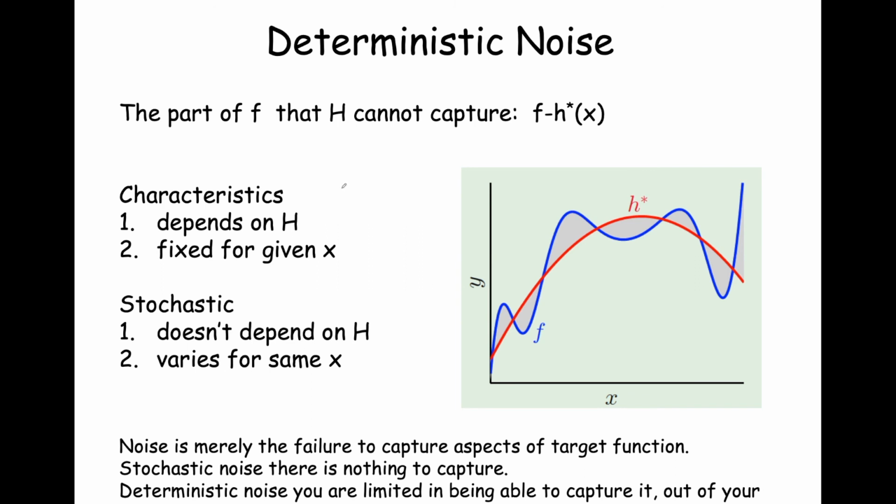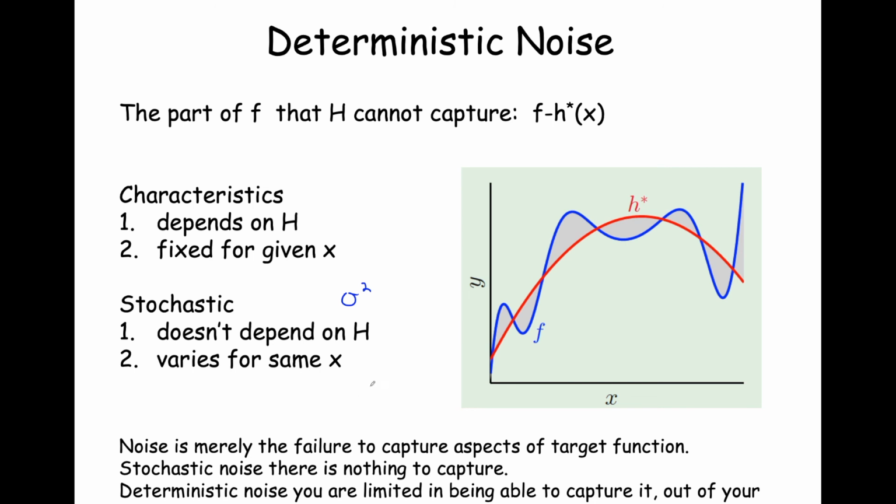That graph on the previous slide on the right depends on the hypothesis set, and it's fixed for a given data point x. But stochastic noise does not depend on the hypothesis set. It's something separate. It's that sigma squared that we talked about, and it's going to vary even for the same x. Noise is merely the failure to capture certain aspects of the target function.